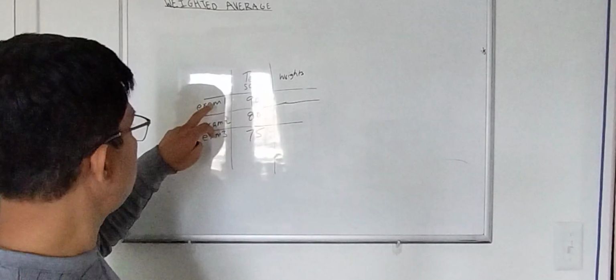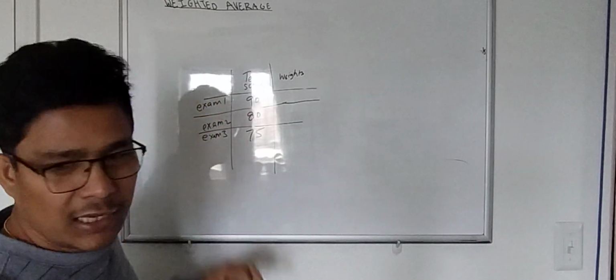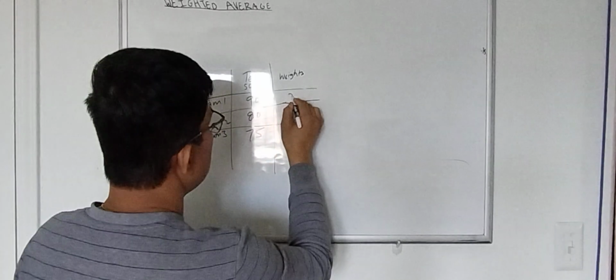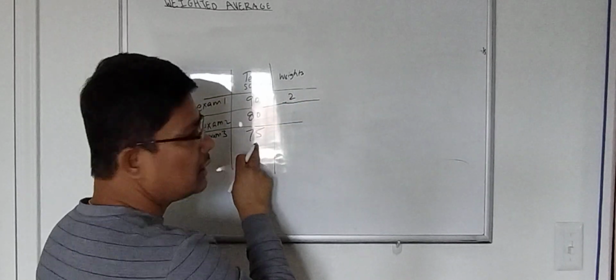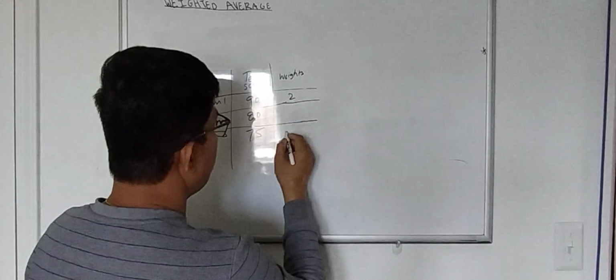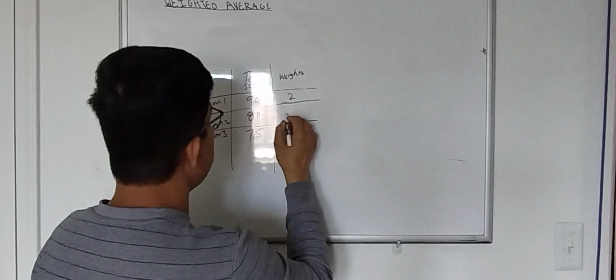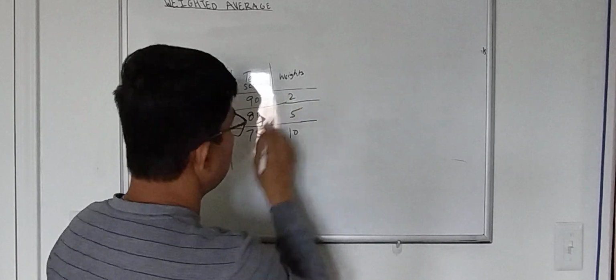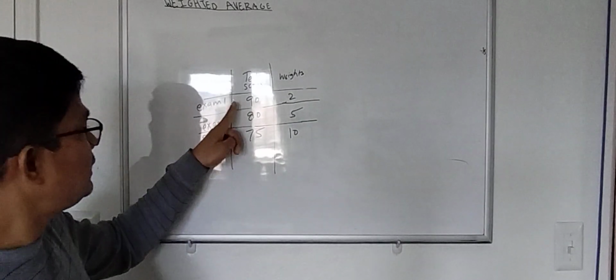So basically, if you score more in exam 1, it will not affect your test score much. Let's say it has weight 2. But if you score more here, it will affect your score. Let's say this one has a weight of 5. And this one has 10. Or maybe use 10 here and 5 here. Okay? Look at the board.